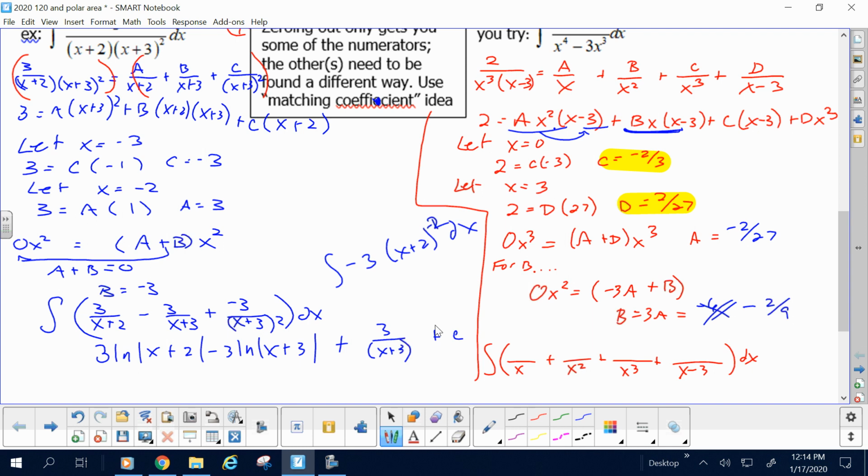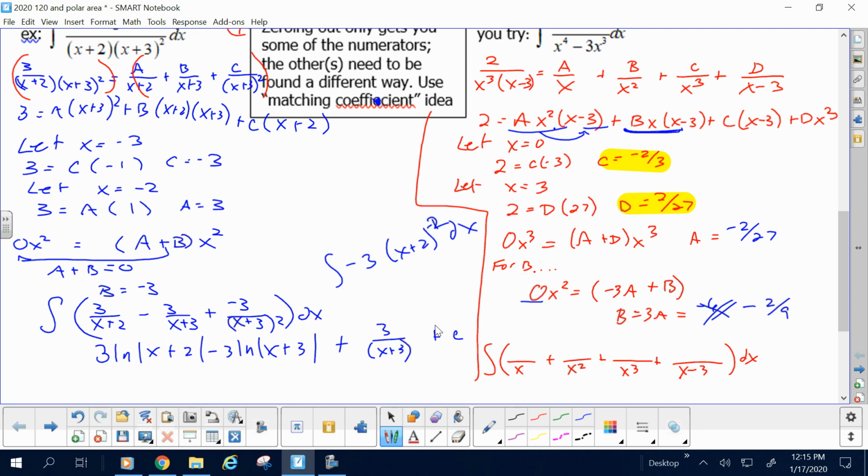Negative 3ax squareds, bx squareds. This has no x squareds, and this has no x squareds. So the total of all the terms with x squareds is negative 3a and b. Does that make sense? Okay. Now, if negative 3a plus b needs to zero out because there are no x squareds on the left, then that implies b has to be 3 times whatever a is. And using your previous a, negative 2/9 is what I get for b.